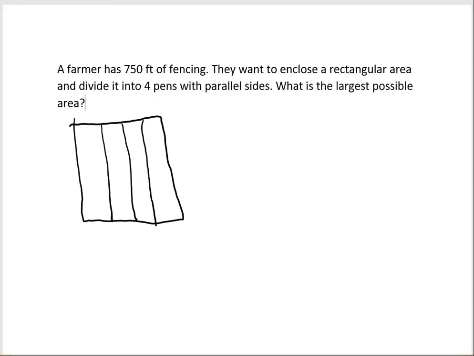So in this case, the way we have it set up, you have this big rectangle that's been changed into these smaller rectangles, 1, 2, 3, 4 of them.